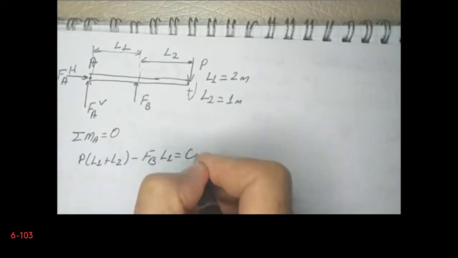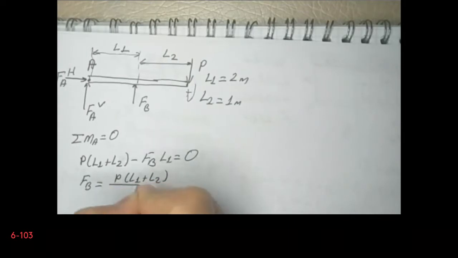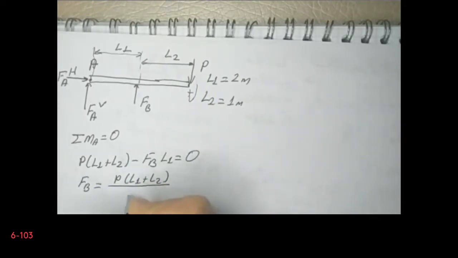From here, FB can be calculated as P multiplied by L1 plus L2 divided by L1. Okay, so this is the value for the FB. Now what we are going to do next is to draw the moment distribution.